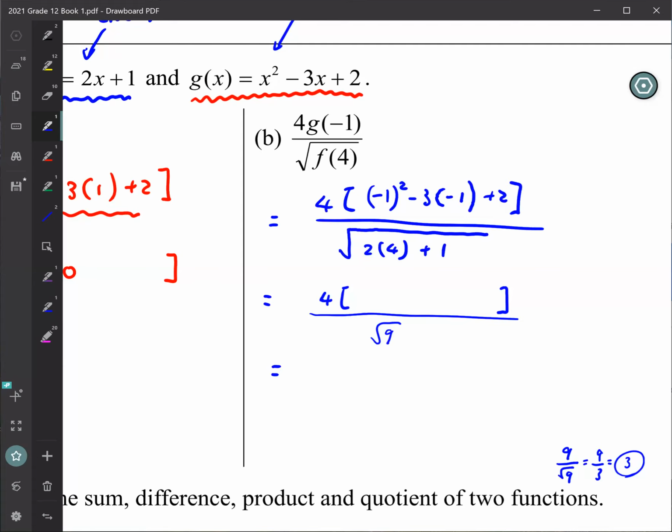What's the order of operations? Do you know what BIDMAS is? What does B stand for? Brackets, right? What's after brackets? Exponent.